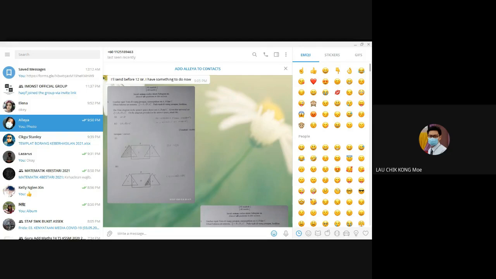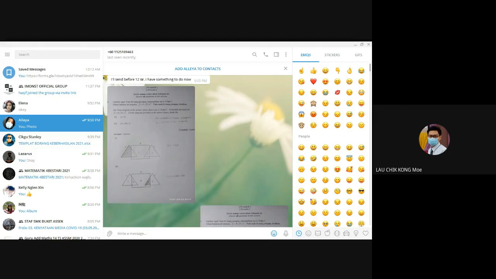So actually we have two operations here. If you still remember, in Form 4 we learned this topic. The title is operations on sets, right? How many operations do we have? We have two operations, union and intersection. For this question, you need to solve the bracket first. Inside the bracket is union.